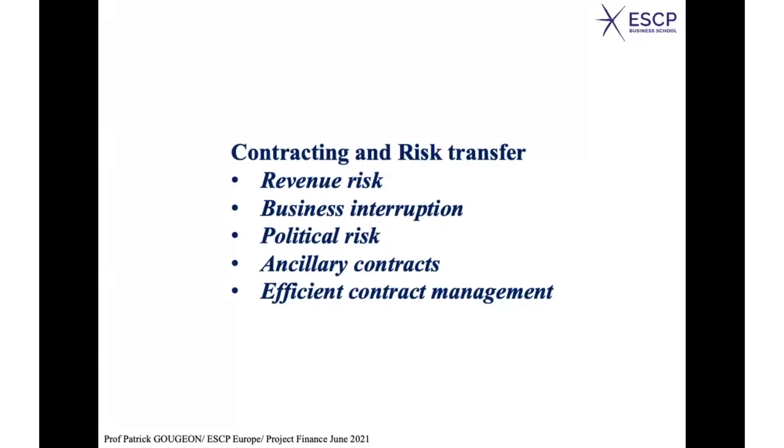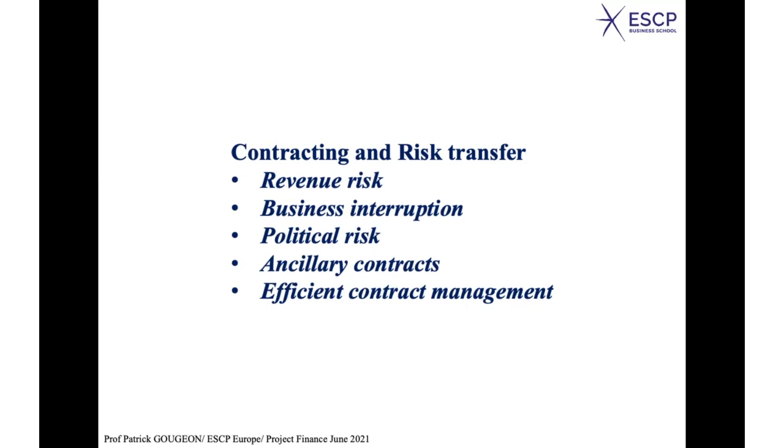It corresponds to an optimization of the risk allocation. Through a contract, you try to allocate the risk to those who participate in the project and who are in the best position, because they have the expertise, to take this or that particular risk.